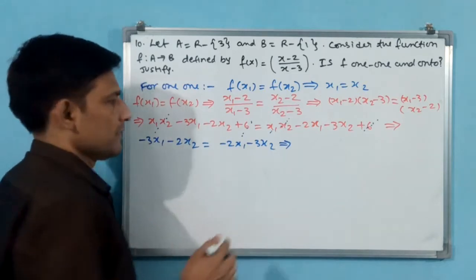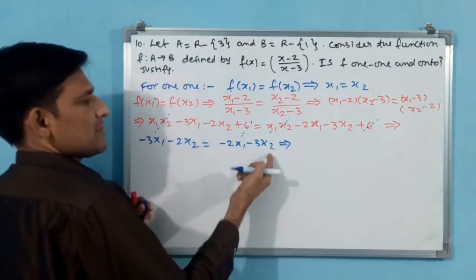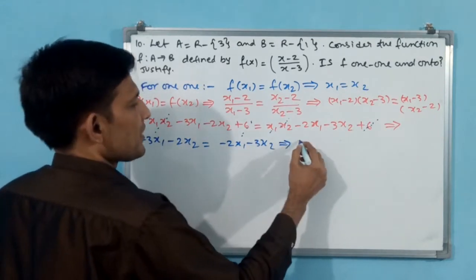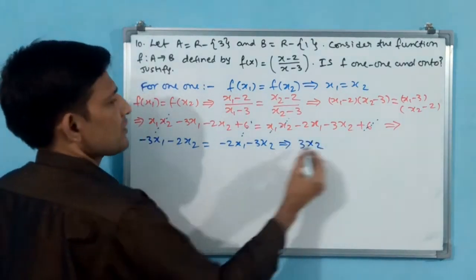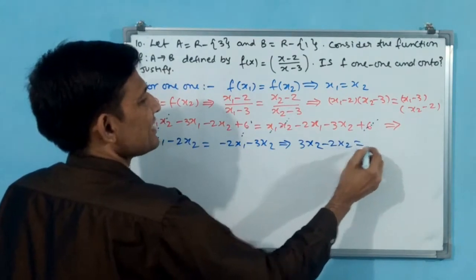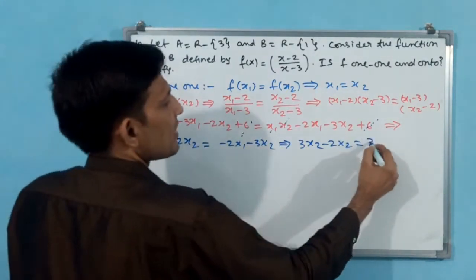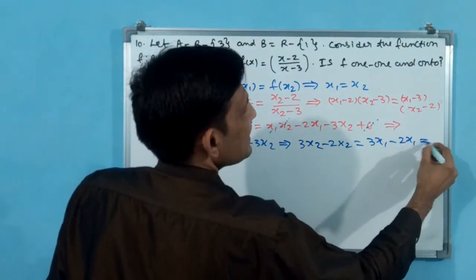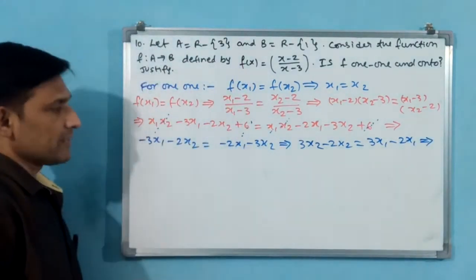Like that you have to see. Then this also, if it comes here, negative becomes positive. 3x2 minus 2x2 is equal to 3x1 minus 2x1 implies. Is it correct?